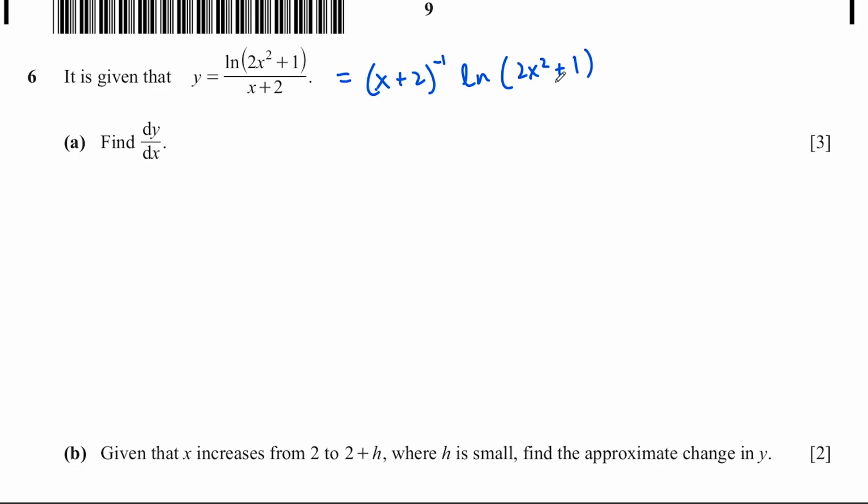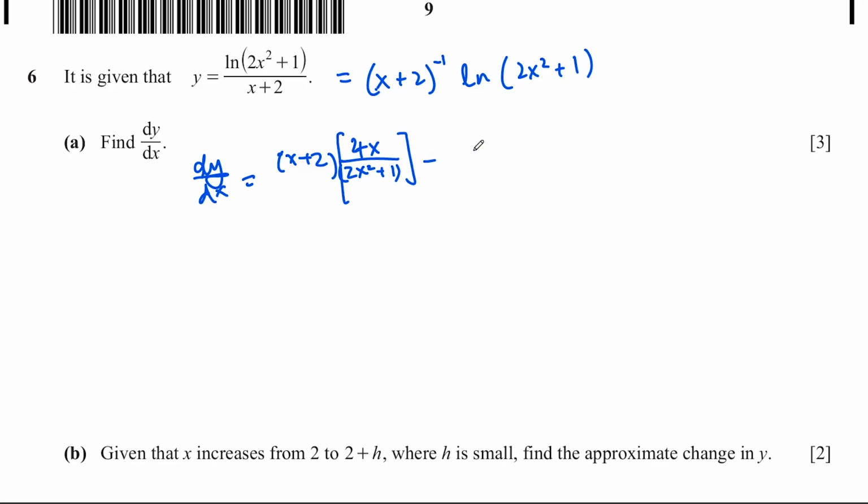But I will just do the quotient rule because it's easier for me. So first we bring up the bottom function, and we take the derivative of the top function. So ln, that's 1 over the inside function multiplied by the derivative of the inside function.